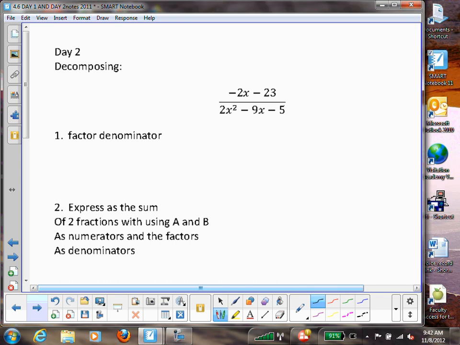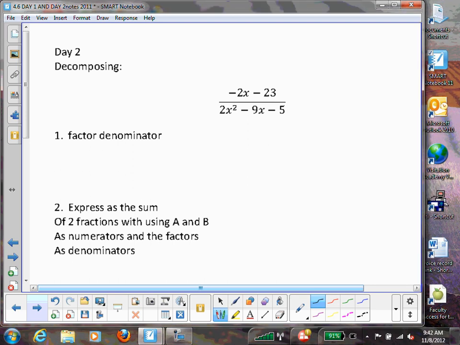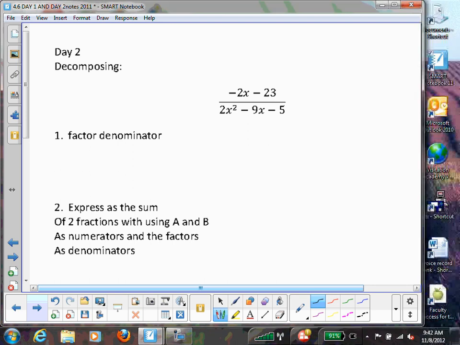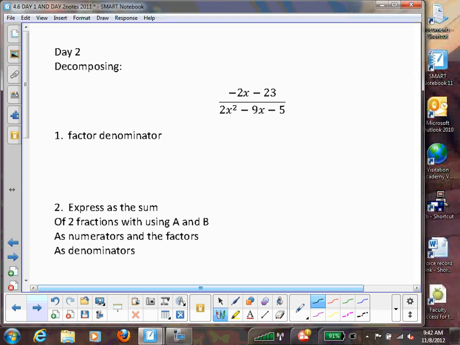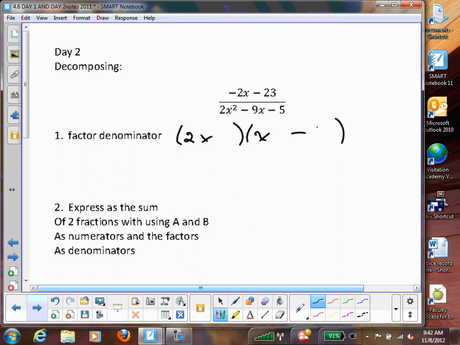Decomposing. So the whole idea of decomposing is we're taking this answer and we want to figure out what were the two fractions that we had to begin with. Okay? So the first thing that you need to do is factor your denominator. So this denominator factors to 2x plus 1 and x minus 5.